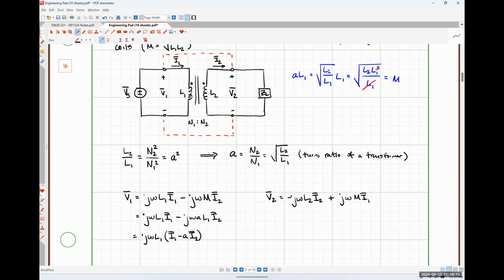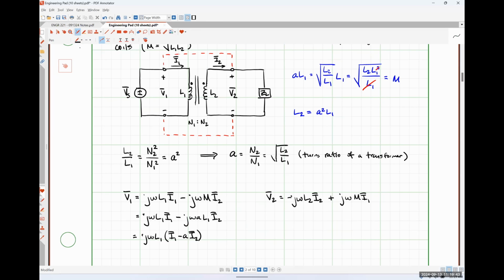We know that L2 divided by L1 is equal to A squared, so L2 is nothing more than A squared times L1.